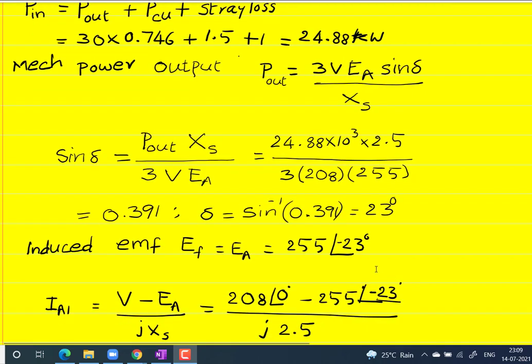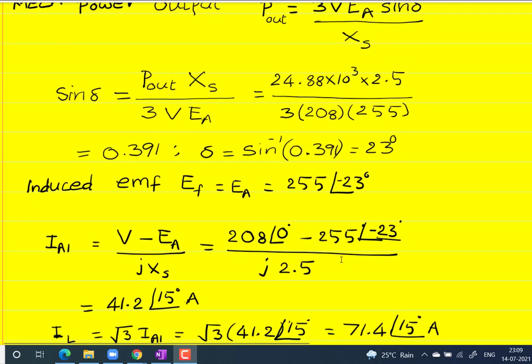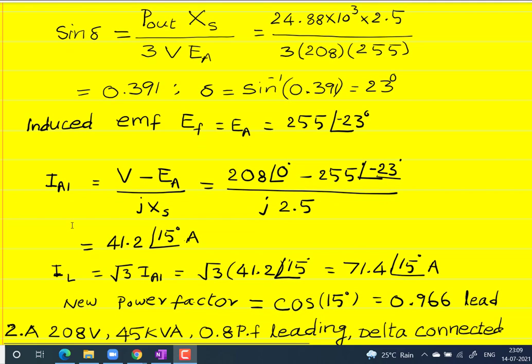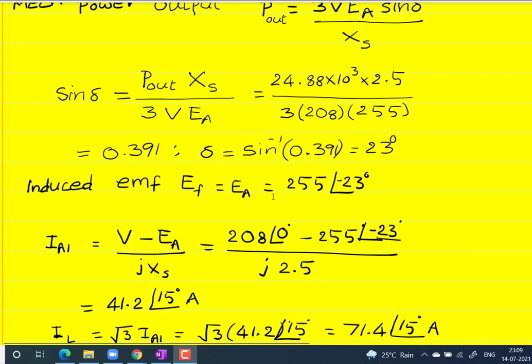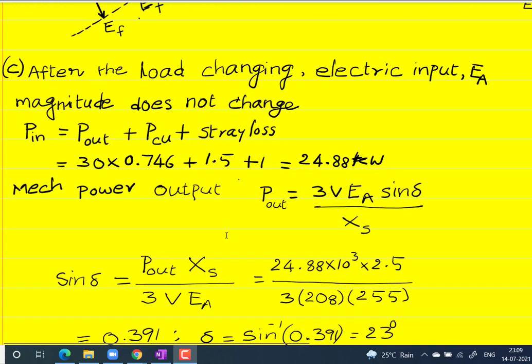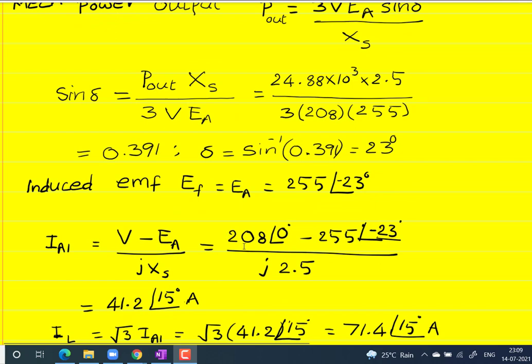So the induced EMF remains the same, meaning EF is equal to EA is equal to 255 at an angle of minus 23 degrees. So it will lag the applied voltage by this angle. And once we know this EF with angle, then we can calculate IA1, that is the new armature current, V minus EF divided by jXS.